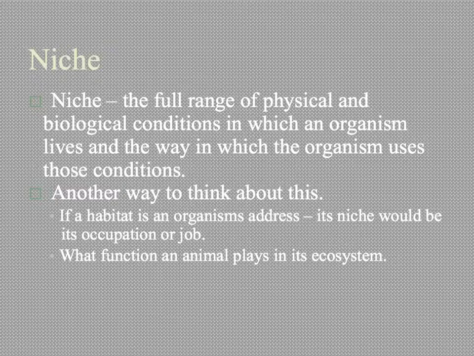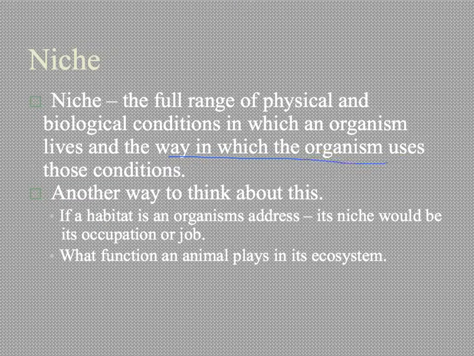Another term that is often used is niche. The niche is the full range of physical and biological conditions in which an organism lives and the way in which the organism uses those conditions. So we have the habitat, which includes the biotic and abiotic factors, but the niche is really how the organism uses it.